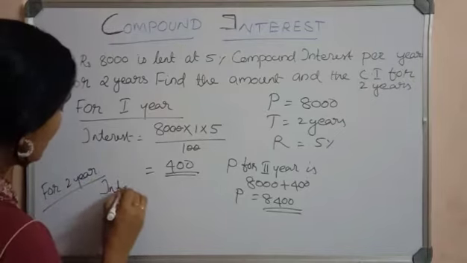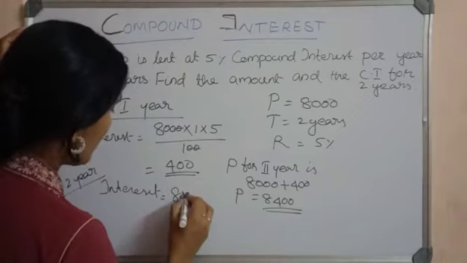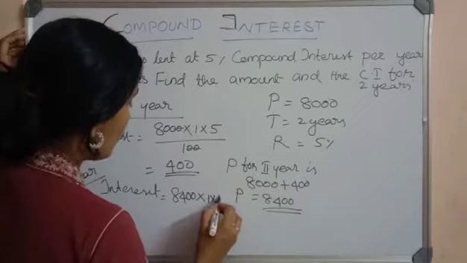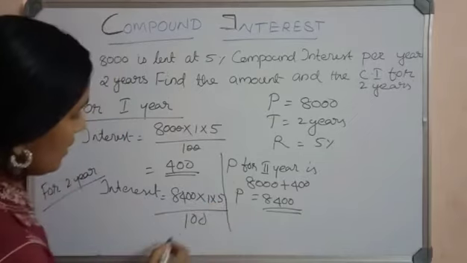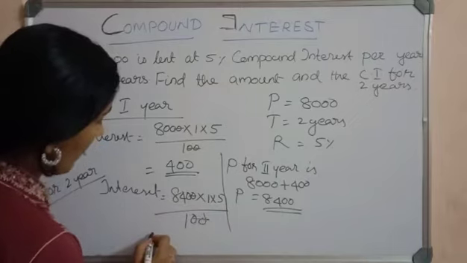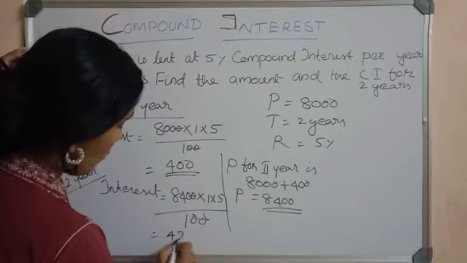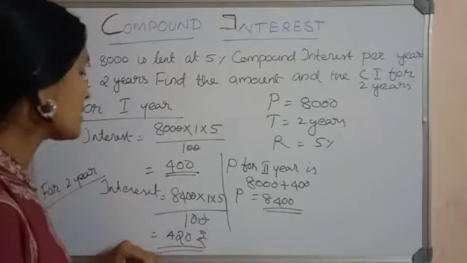Interest is equal to 8,400 into, here the principal changes, 8,400 into 1 into 5 by 100. Cancel these two zeros, and 84 into 5, that is 420 rupees. This is the interest for the second year.